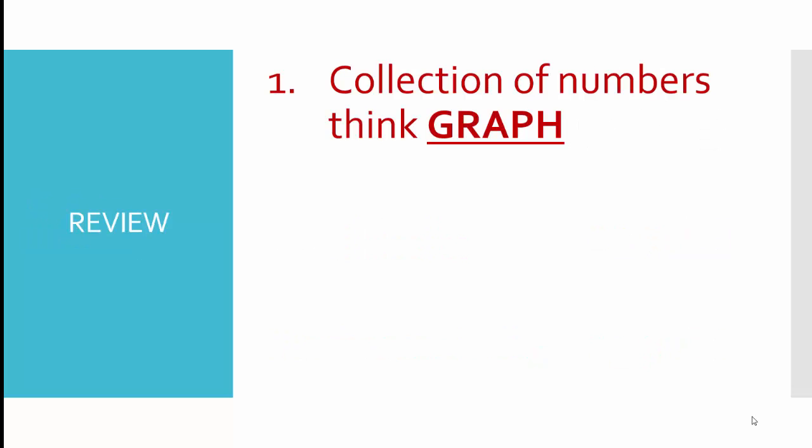So to review, when you get a collection of numbers, think graph. 1A, when you get a collection of numbers, think graph. This is really useful for standardized testing. The graph that we are going to use 99% of the time in this classroom is the scatter plot. Don't make bar charts. Don't make pie charts just because you want to color them in.